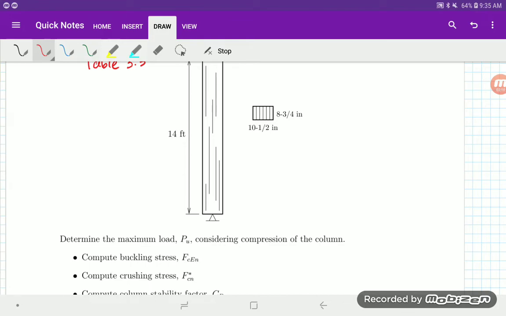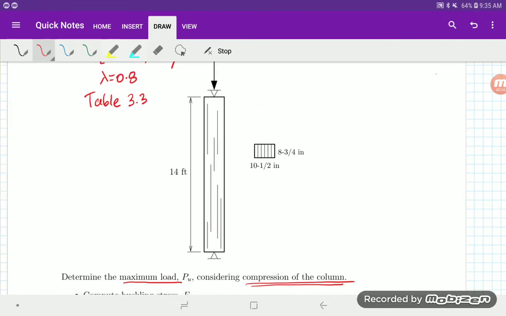But here, instead of the design check, we're estimating what is the maximum load that you could ever consider for this column that has a length. The length of the member is 14 feet. If you actually multiply by 12, that gives us 168 inches.